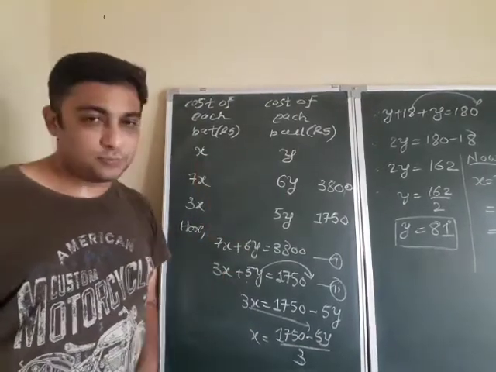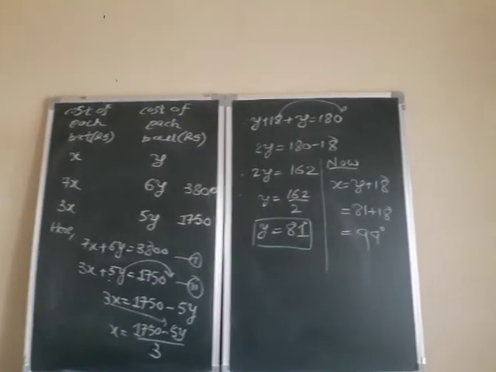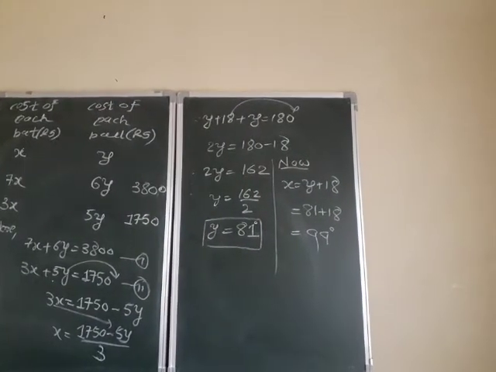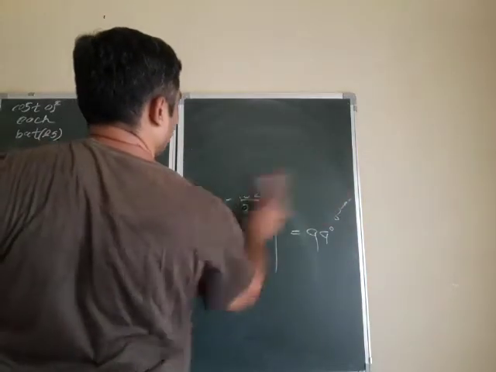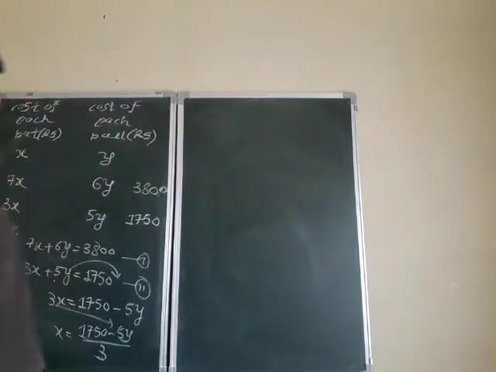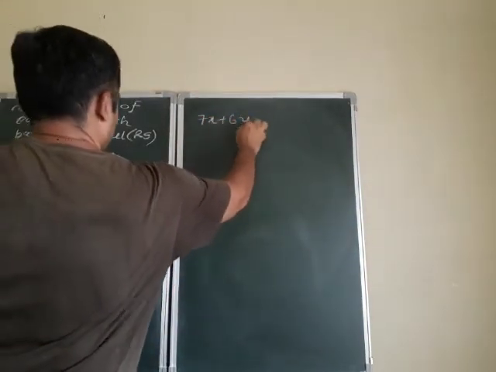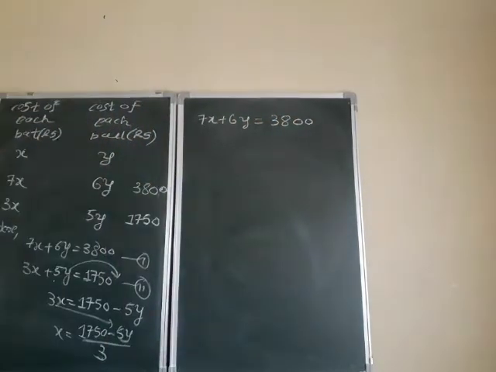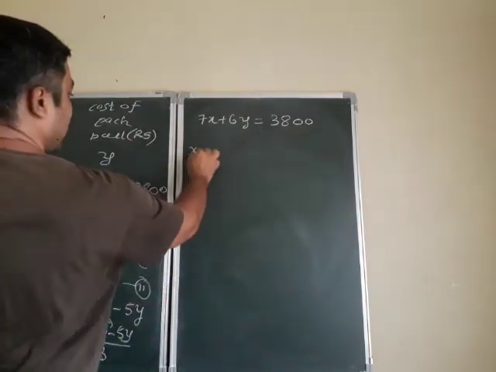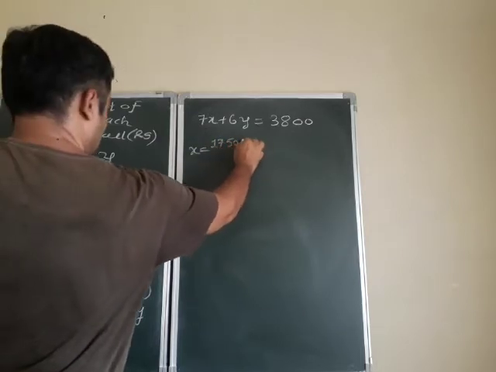Okay? So see on this board. The first equation is 7x plus 6y is equal to 3800, and we have a value for x. So x is equal to 1750 minus 5y upon 3.